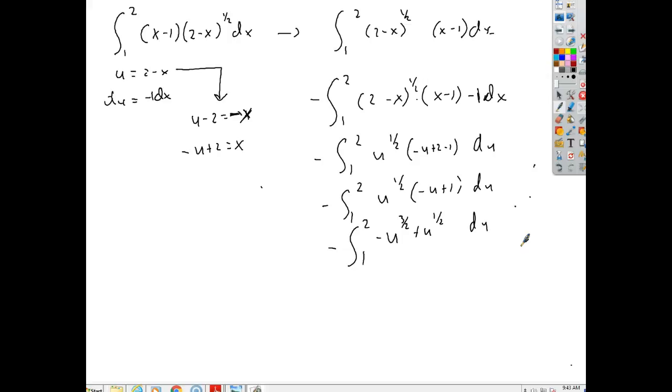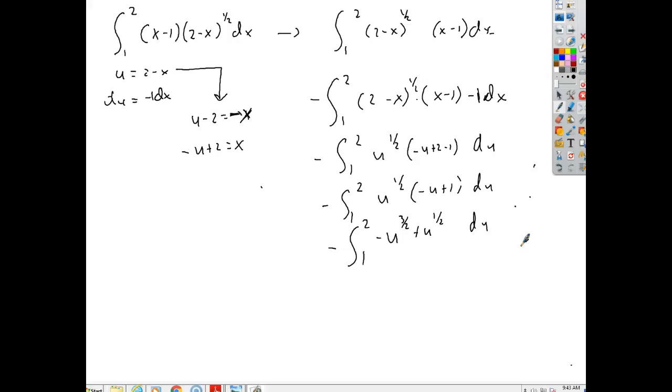Let me back up a couple steps. So what happened was we got to the point where we just couldn't do it. We're like crushed, sad. We tried both ways, nothing worked. Then we recognized, well, maybe I can take this extra expression that I don't like and make it into a u by figuring out what x is in terms of u and plugging it in.